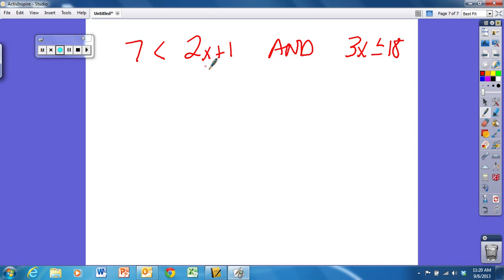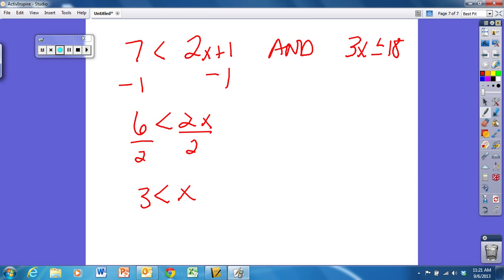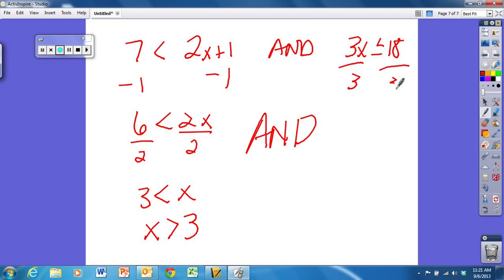So first we're going to solve this one. We'll go minus 1. We'll divide by 2. So this says, if I read this, 3 is less than x, but we like to start at the variable. So if we read this starting at the variable, it would say x is greater than 3. And when I divide this one by 3 on both sides, x is less than or equal to 6.